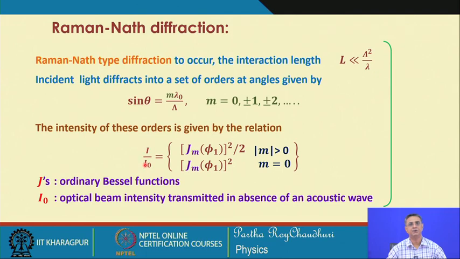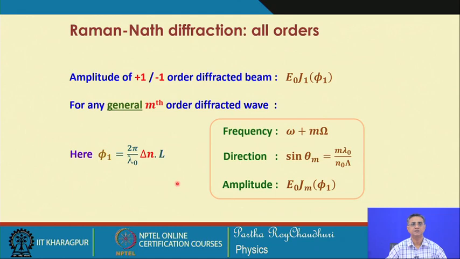I by I0 when m is greater than 0 will be given by this, but when m equals 0, that is the 0th order, then it will come from this equation. We will see that later. These are the ordinary Bessel functions, Bessel J0, J1. We have seen that, and I0 is the intensity of the optical beam in the absence of any acoustic wave, that is, the original incident beam.